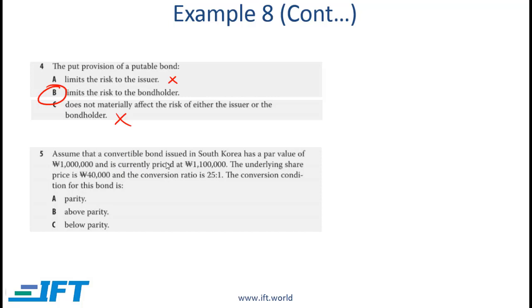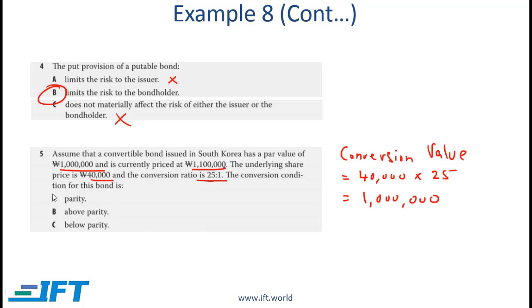Assume that a convertible bond is issued in South Korea. Par value is $1 million and currently priced at 1,100,000. The underlying share price is this and the conversion ratio is 25:1.